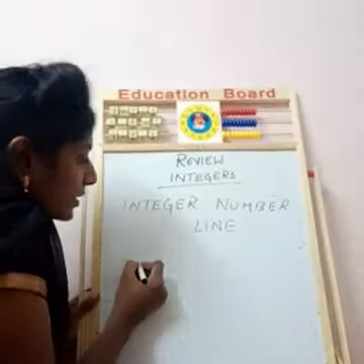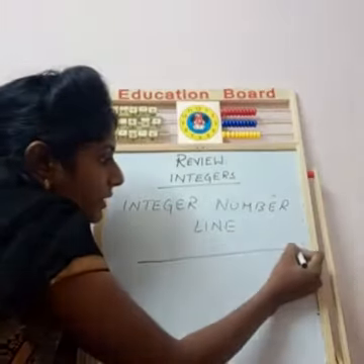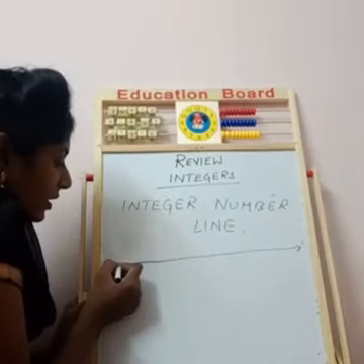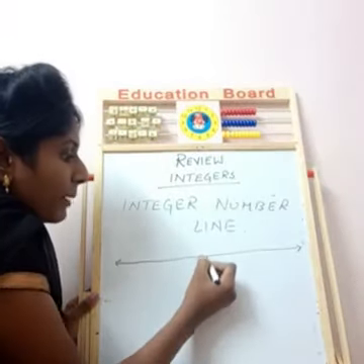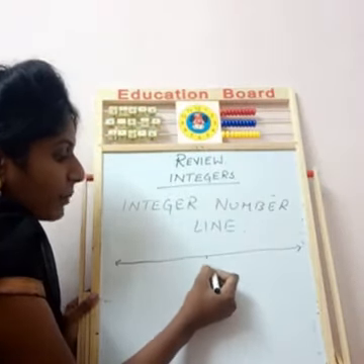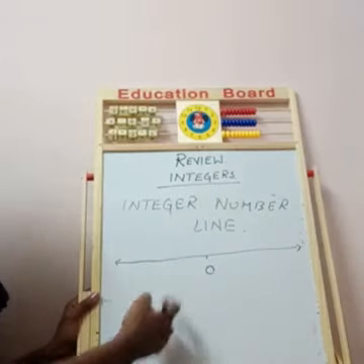Now see the integer number line. The integer number line starts from minus infinity and extends up to plus infinity. The middle number of the integer number line is 0.